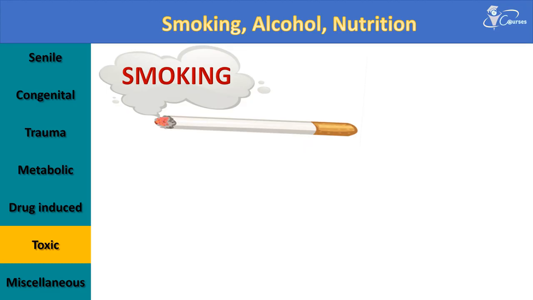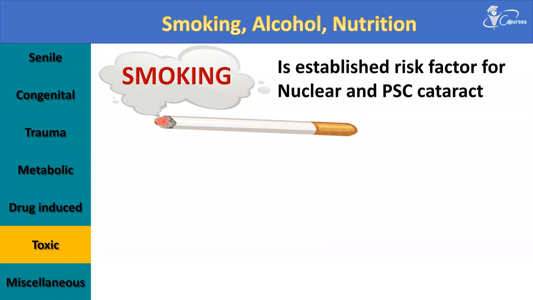So there are certain diseases in which smoking plays a major role in development. It is the established risk factor for nuclear and posterior subcapsular cataract.